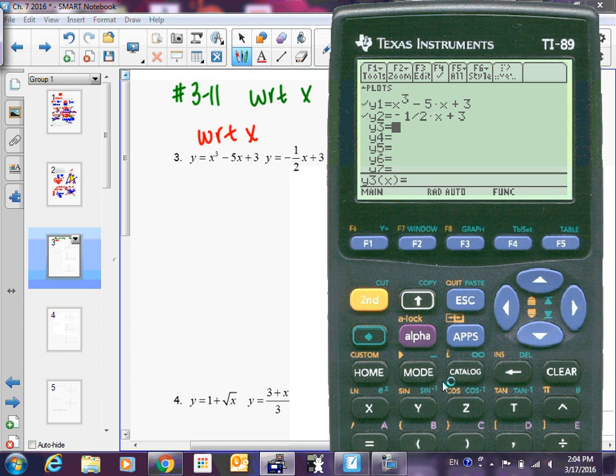We are going to do it both ways. So right now you're just trying to graph the cubic by hand.